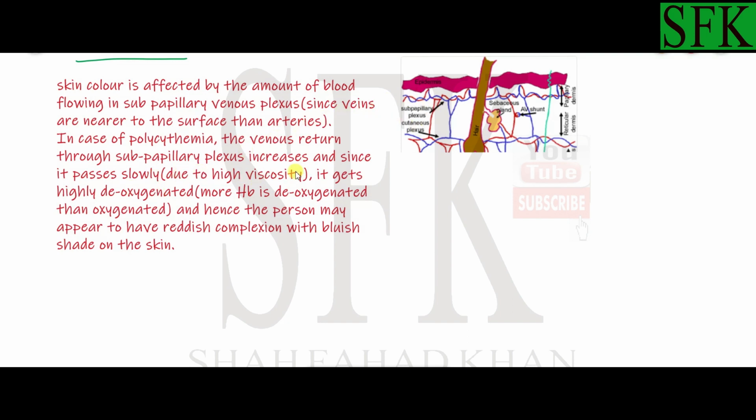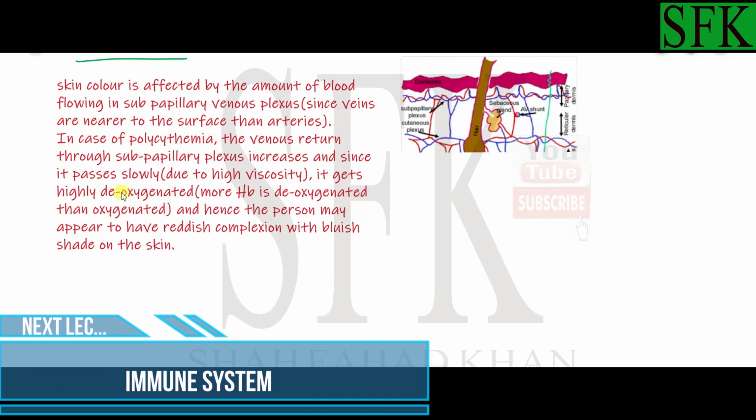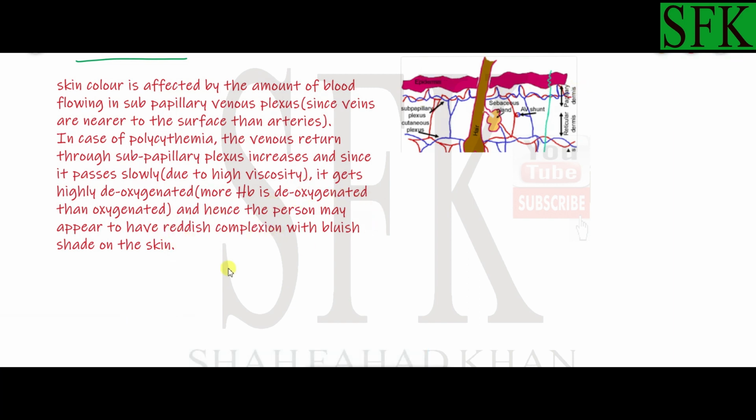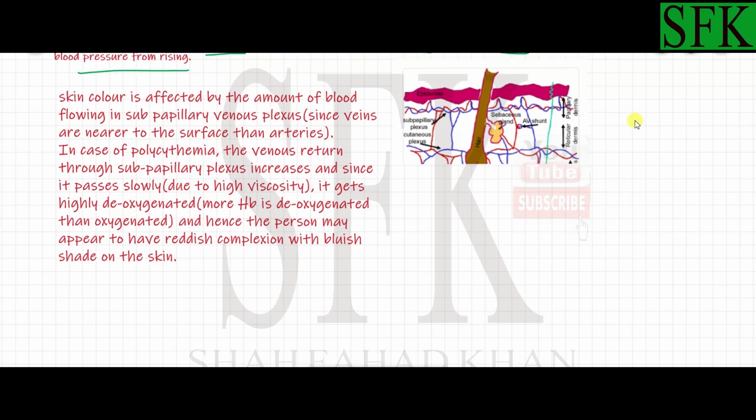It gets deoxygenated because more hemoglobin gets deoxygenated, and hence the skin of the person may appear to have a reddish complexion with a bluish shade. It might be red due to the high amount of red blood cells, but the bluish complexion will also be observed due to the high deoxygenation of the blood.